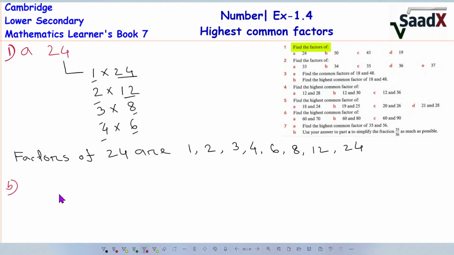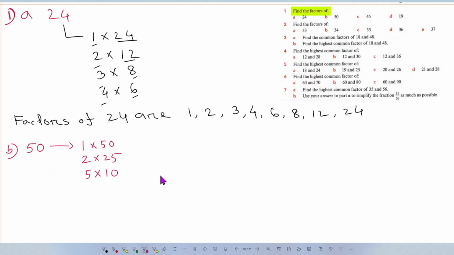Next, number B. Find the factors of 50. We can write 1 times 50, then 2 times 25, 3 is not possible, 4 not possible, 5 is possible, 5 times 10, then 6, 7, 8, 9 not possible, 10 done. Up to 25 we cannot find anything else.